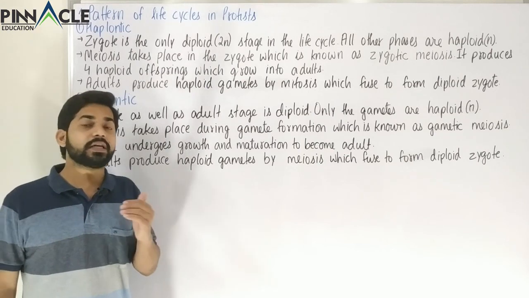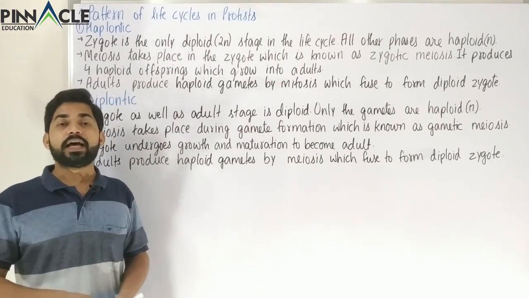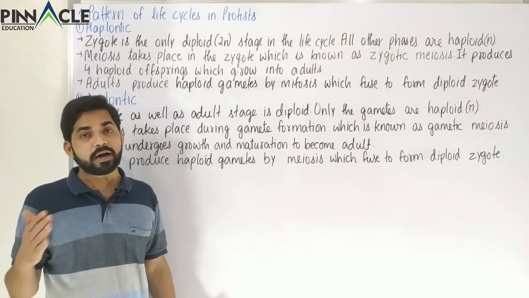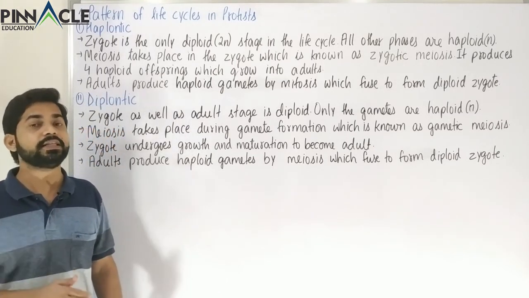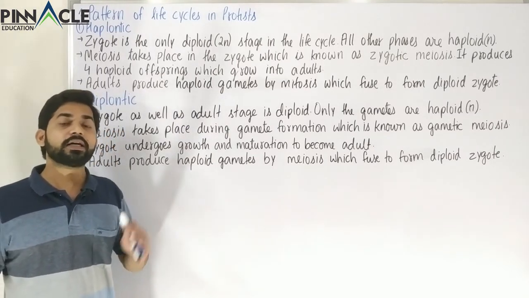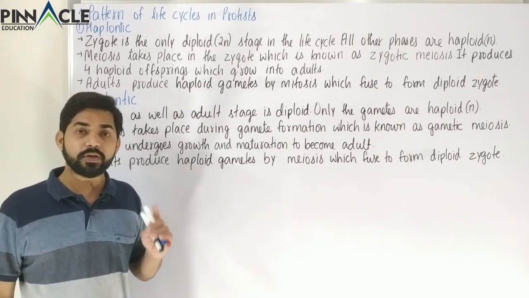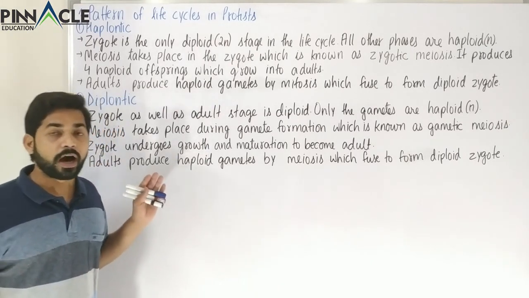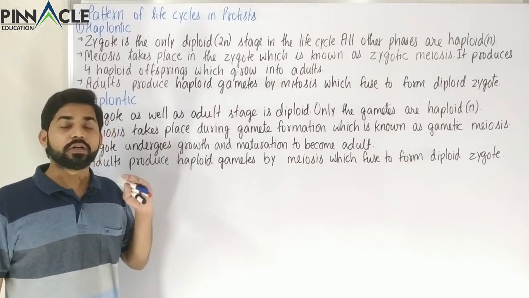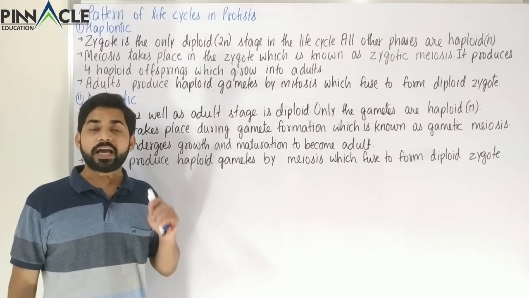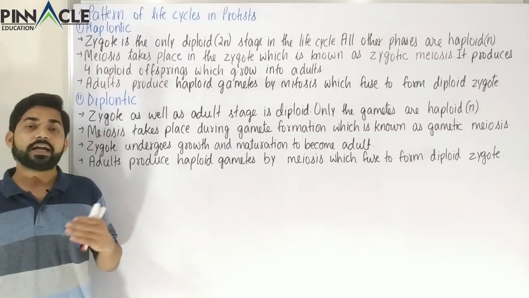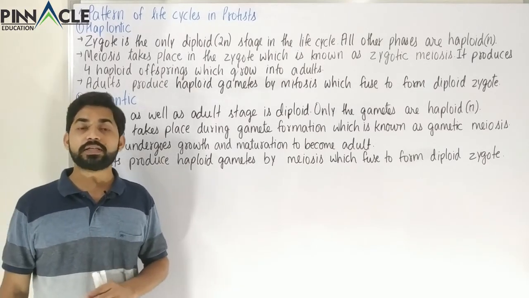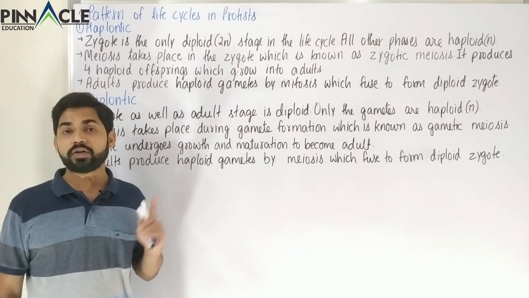You must have studied in your lower classes that for the chromosome number to be reduced to half its initial number, a process called meiosis should occur. To reduce the chromosome number, a type of cell division called reductional cell division, also called meiosis, takes place in the zygote stage.